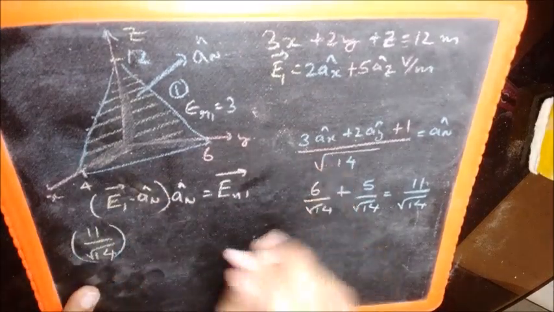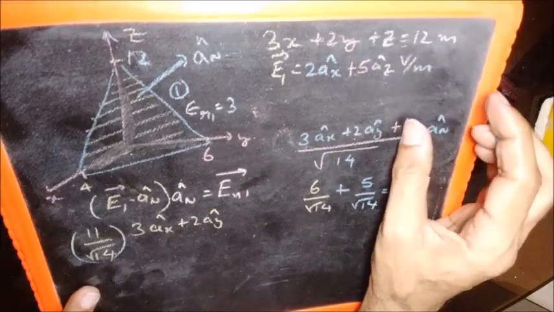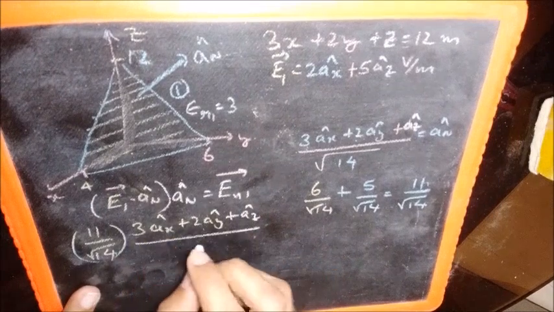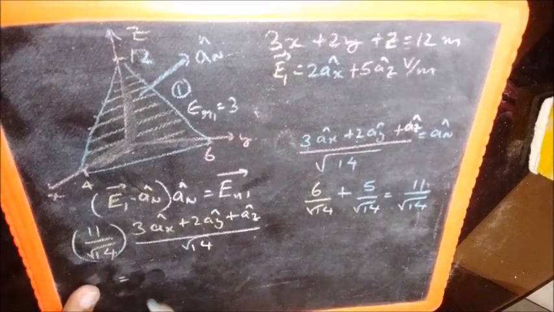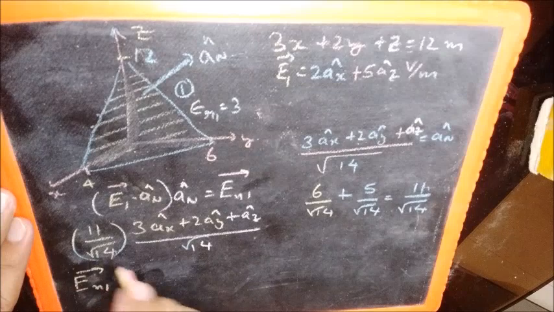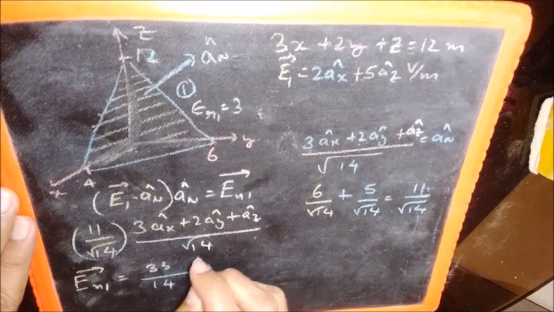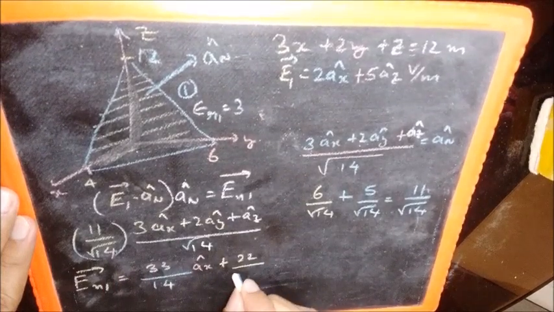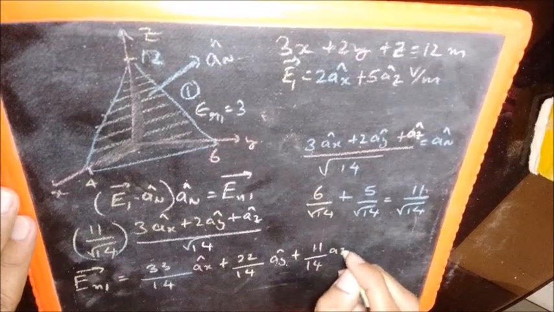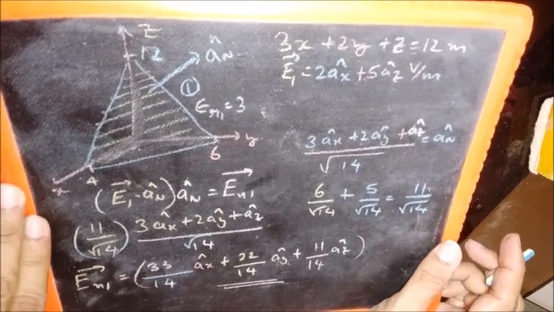So when I multiply it with an cap, I get 3ax cap plus 2ay cap plus az cap divided by root 14, so that is En1 vector, which will be 33 by 14 ax cap plus 22 by 14 ay cap plus 11 by 14 az cap volt per meter. So this is En1.